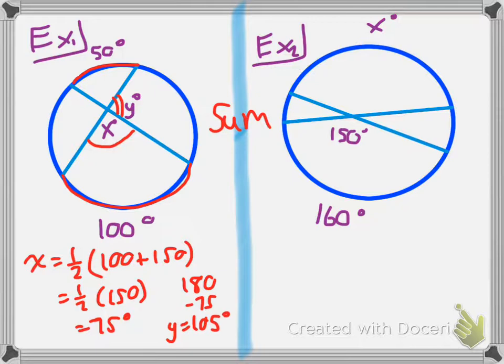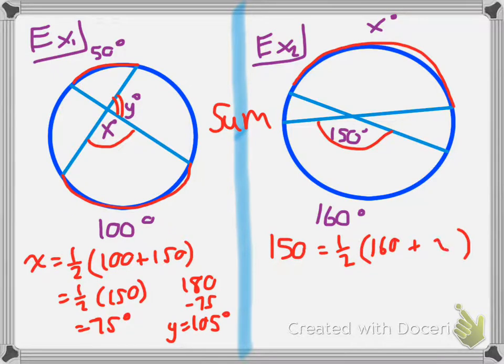Now, this next one's not so direct. They give us the angle inside the circle, right? And we're trying to solve for one of the arc measures. So again, we're saying that 150, that's the angle itself, is half of the sum of the intercepted arcs. We know it's going to be the sum. Well, one of the arcs is 160, one of the arcs is x. So now we're just solving indirectly. Some people like to distribute here.